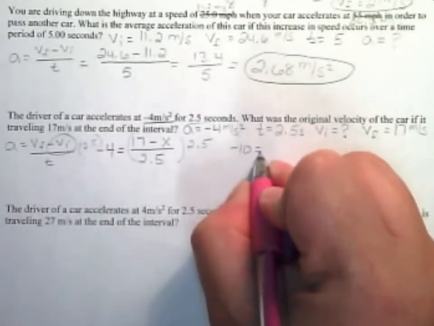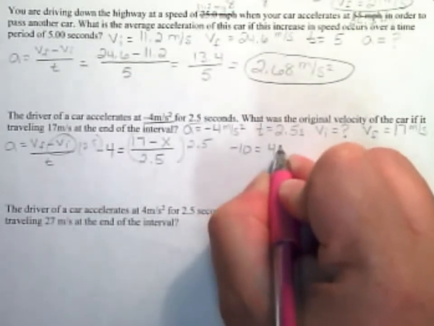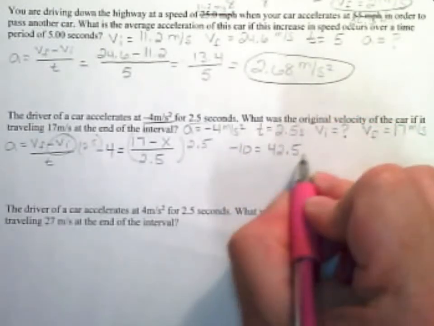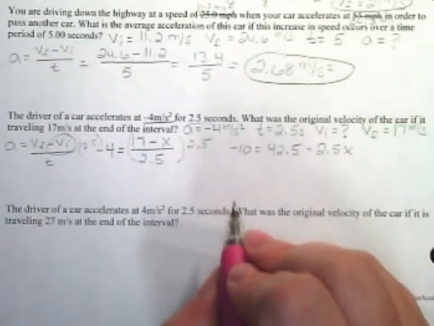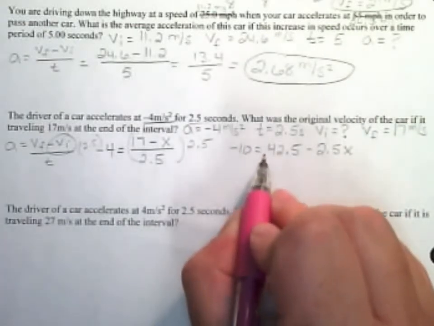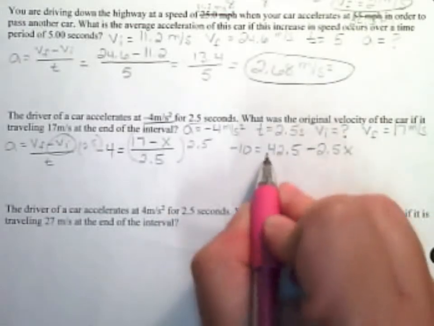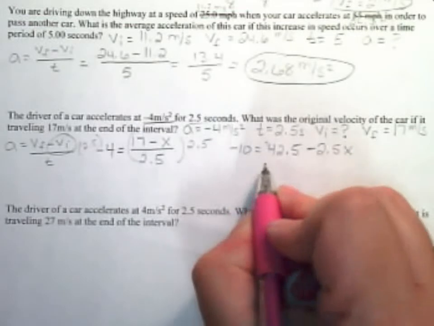-10 equals 17 times 2.5 is 42.5 minus 2.5x. All right, still got to try to get this x by itself. Right now we have a positive 42.5. So since that's positive, we got to do the opposite process.